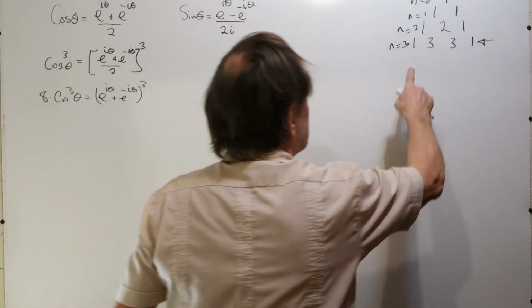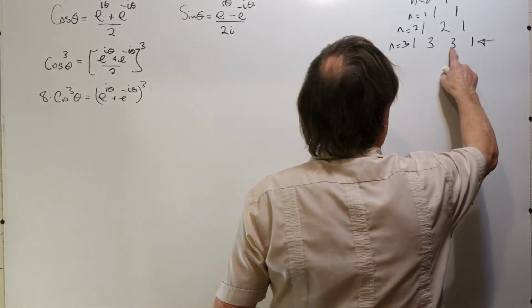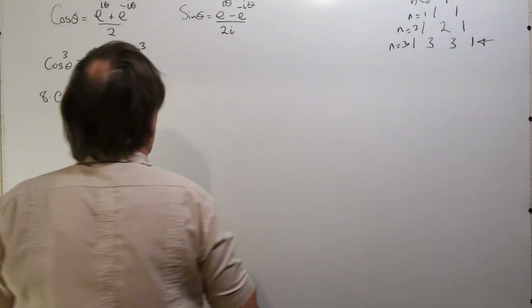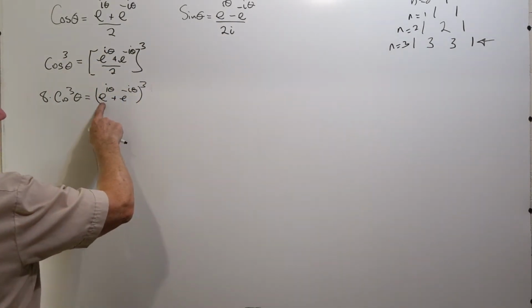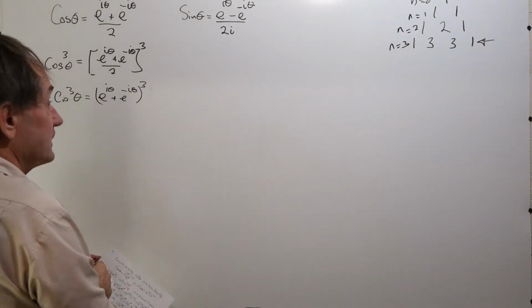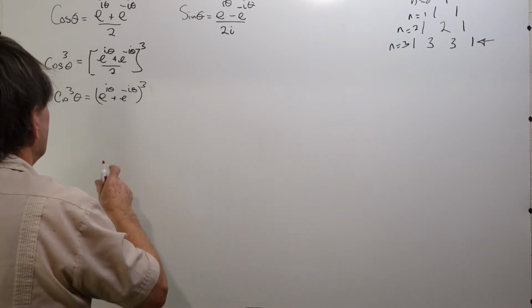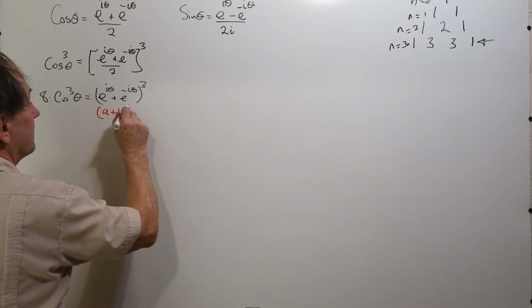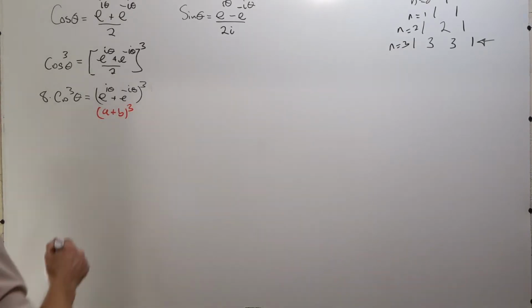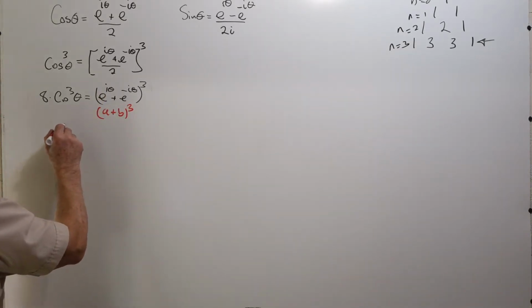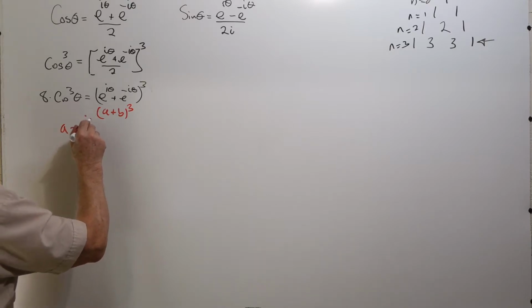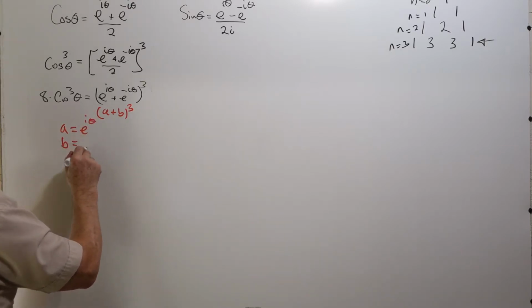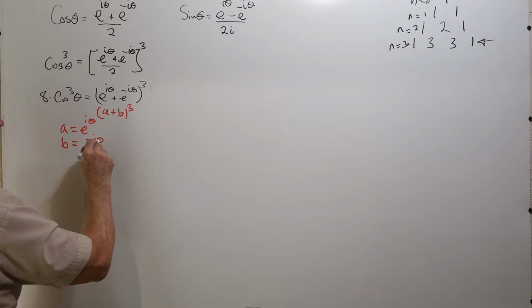The first coefficient is 1, then we have 3, 3, and 1. And remember, we start out with the a portion. This is of the form a plus b to the third power. Our a, in this case, is e to the i theta, and our b is e to the minus i theta.